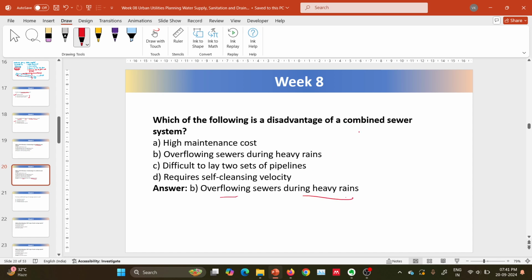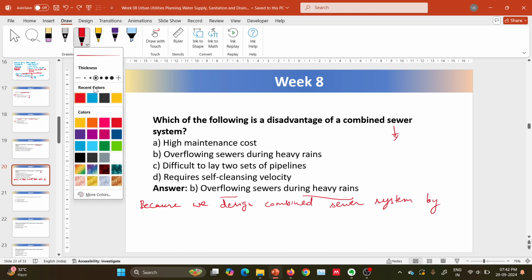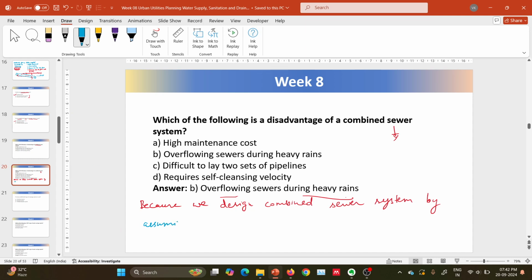So when heavy rain will occur, because the assumption was, because we design sewer system by assuming less rainfall. That's why, because we design combined sewer system by assuming the less rainfall and less stormwater discharge.